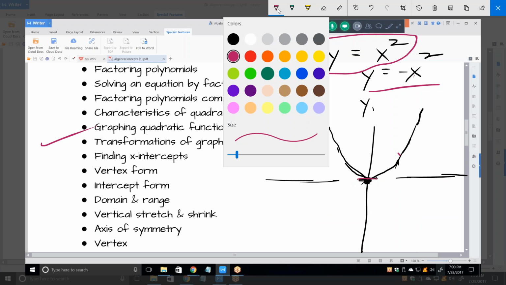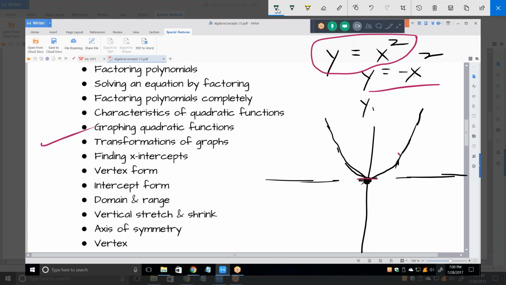If I wanted a reflection over the y-axis, I would write it like that. You see the difference? This second reflection, notice that the negative sign is inside the parentheses, not out.